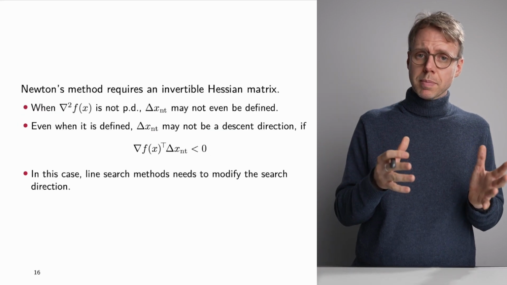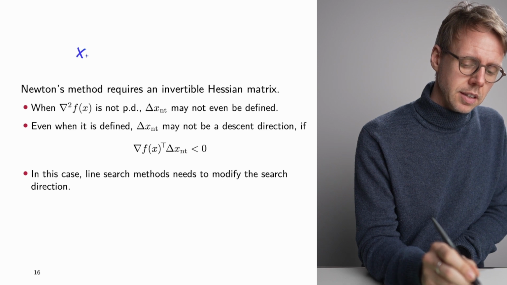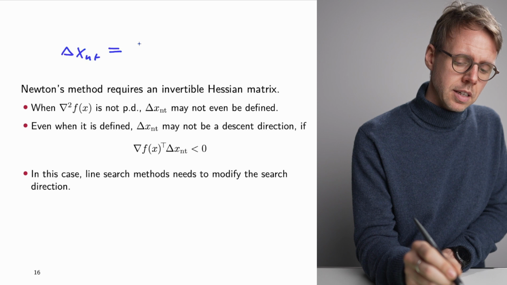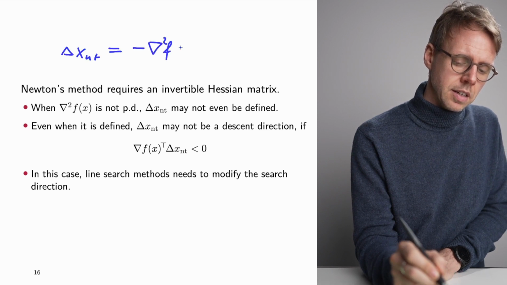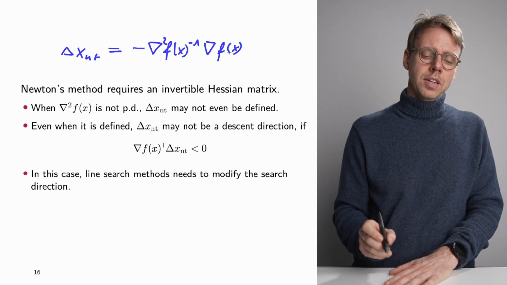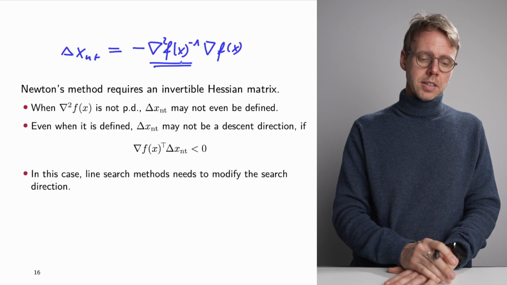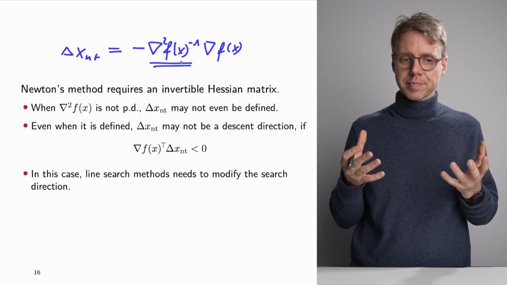Remember that in Newton's method, we compute delta x nt as minus the Hessian of f at x inverse times the gradient of f. So we need to invert the Hessian matrix. So Newton's method requires an invertible Hessian matrix.